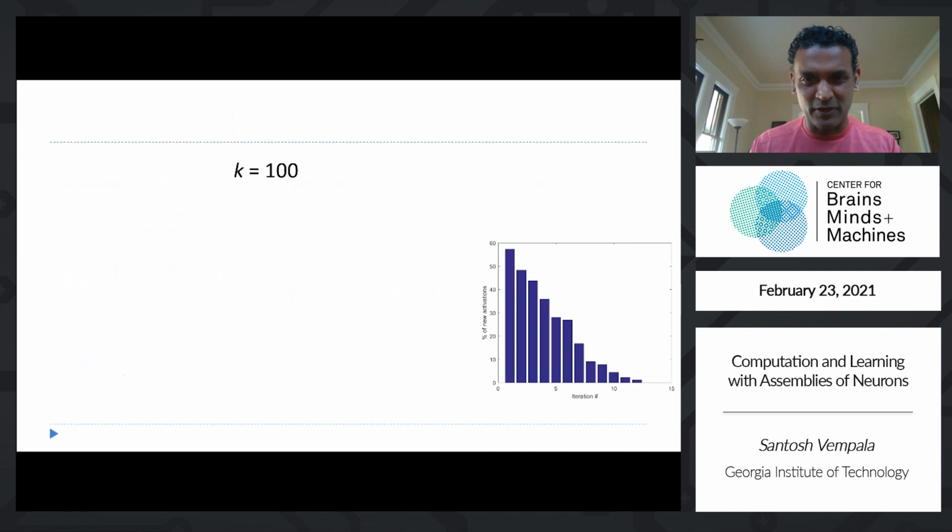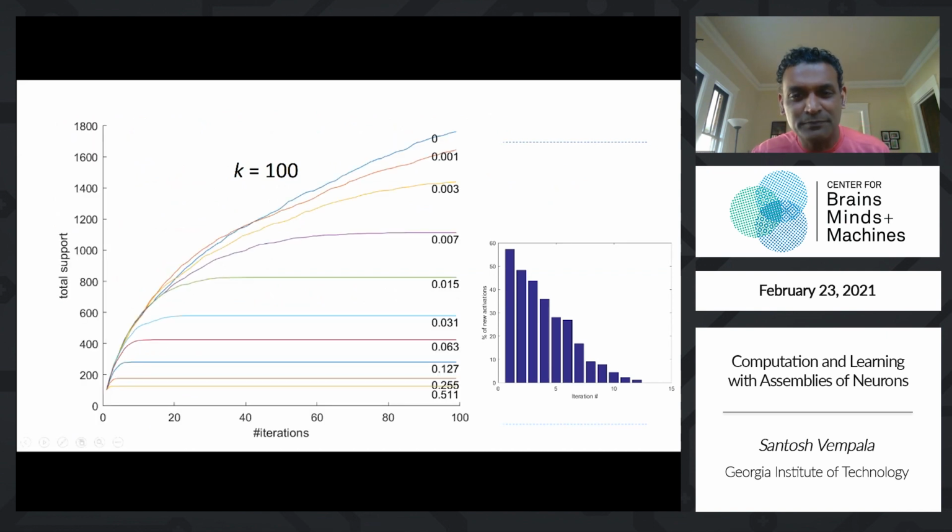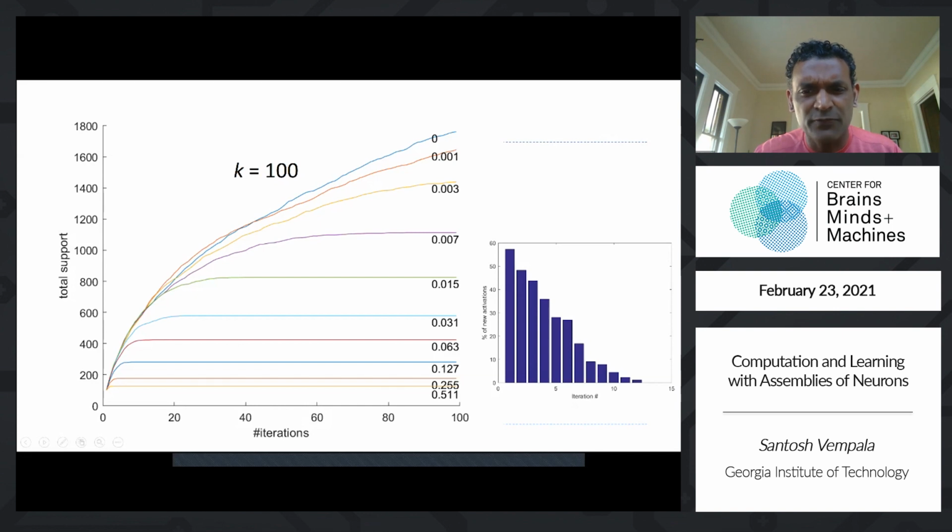I'll discuss this in a little bit more detail here. But just to show you some quick plots, each curve here is for a different plasticity. At plasticity 0, the total support just keeps increasing, so it doesn't actually converge. But by the time you get to a plasticity of just over about 0.005 for this simulation size, eventually you do converge. You stop activating any new neurons.